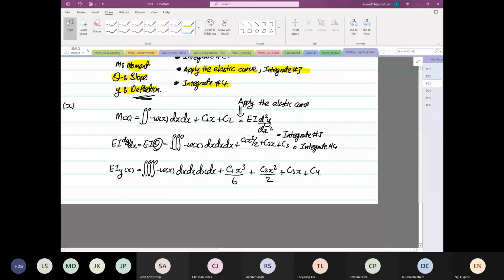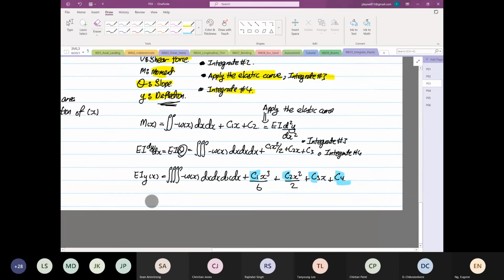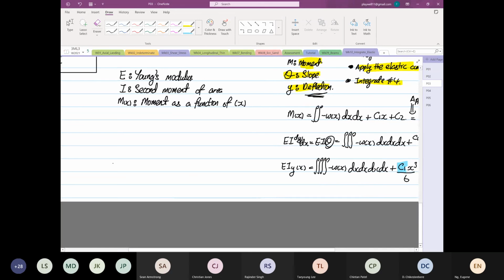So now what I want to highlight is how many boundary constants do you need to find? 1, 2, 3, 4. So therefore, 4 constants to determine, which are our C1, C2, C3, and C4.